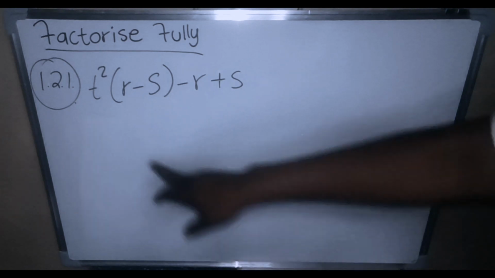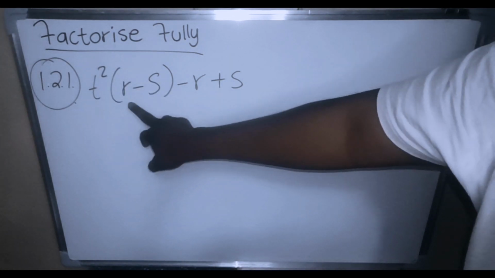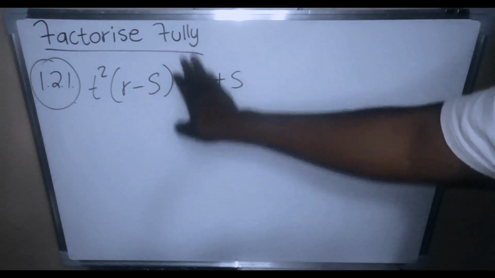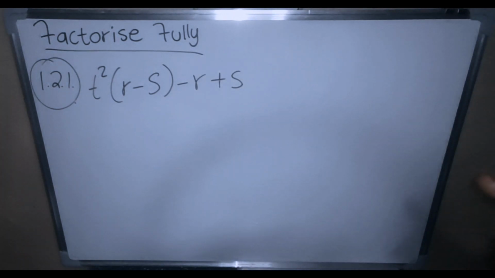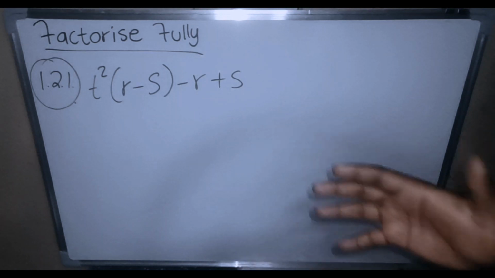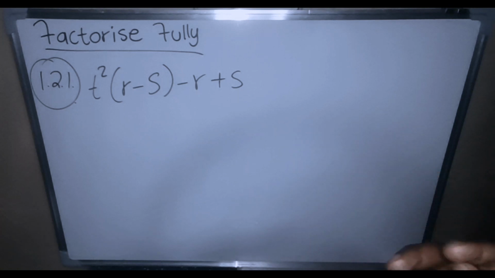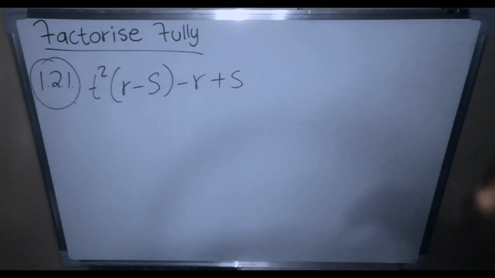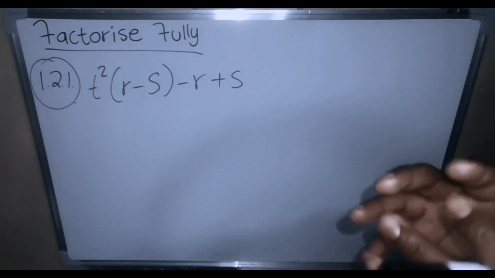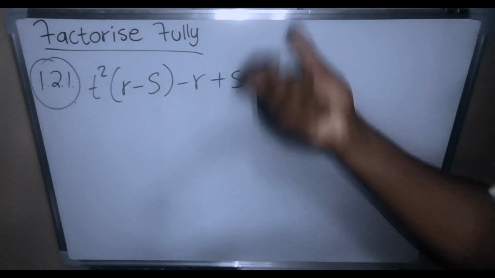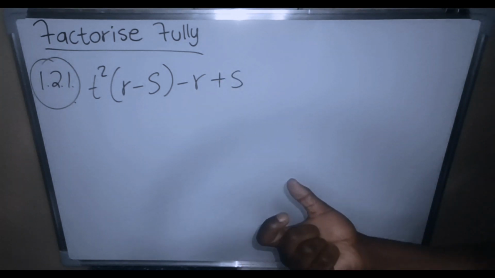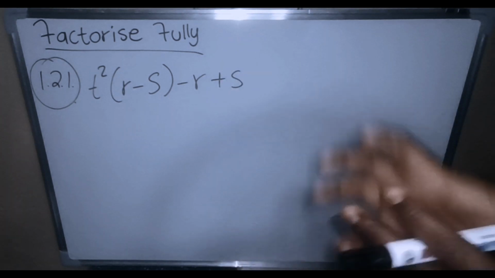Now we've got t squared bracket r minus s close bracket minus r plus s. Now this is factor by grouping. This type of factorization, guys, involves making sure that you've got two brackets that are the same in terms of the expression, in terms of the way you write the expression.